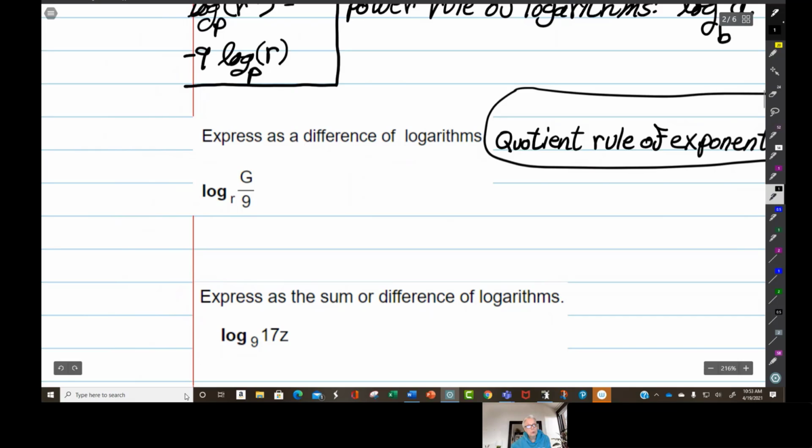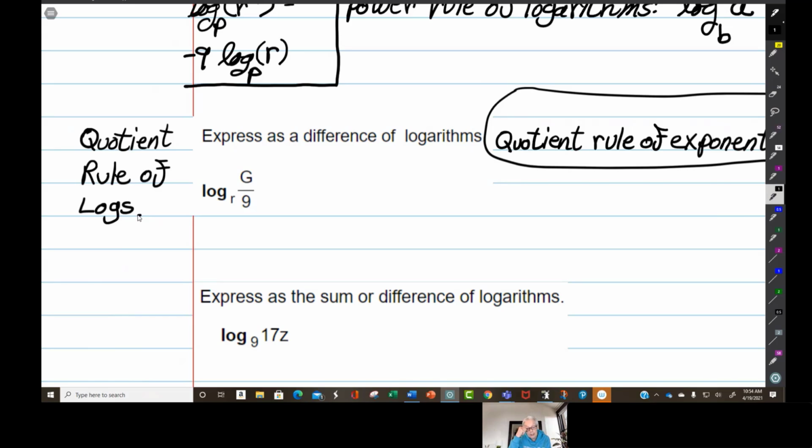We have a quotient rule for logarithms. Quotient rule of logarithms, which quite honestly people abbreviate as logs.